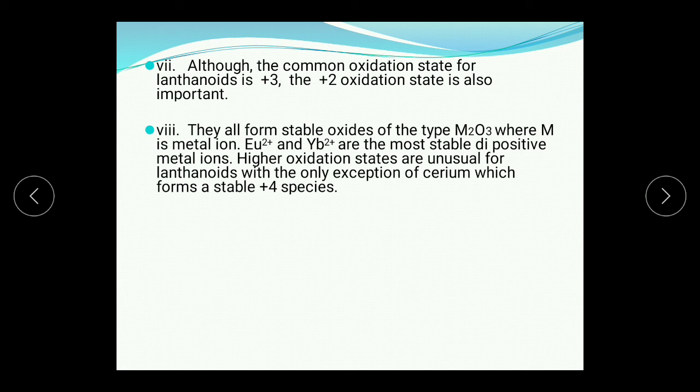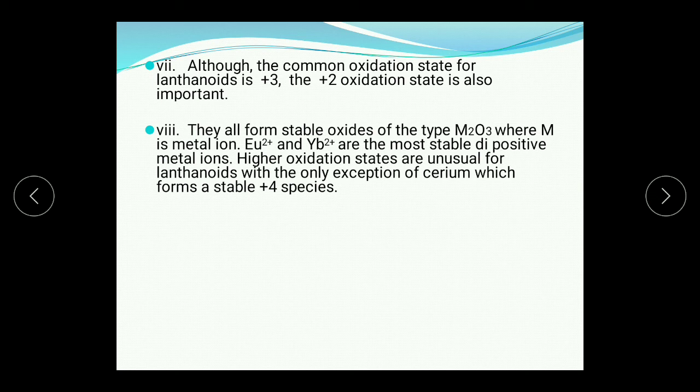They all form stable oxides. That means when they are treated with oxygen, they form oxides of the formula M2O3. Suppose we take cerium as an example, Ce2O3. M is for metal. So these elements, like alkali metals, form oxides of M2O3 type.